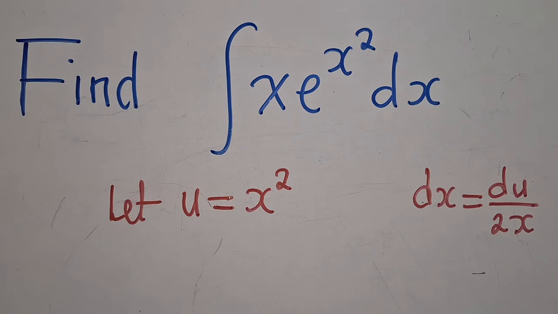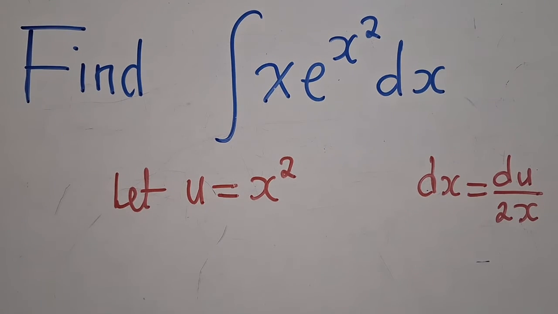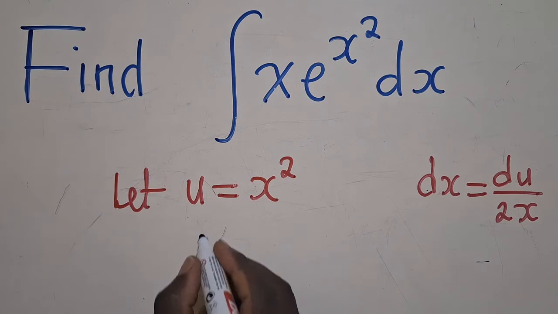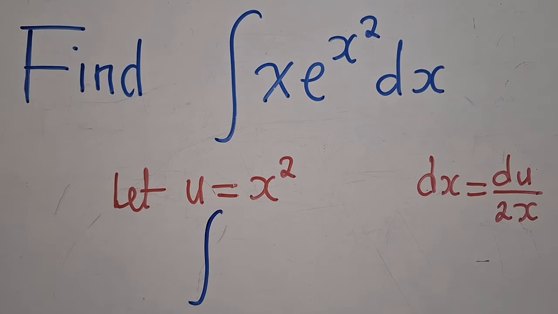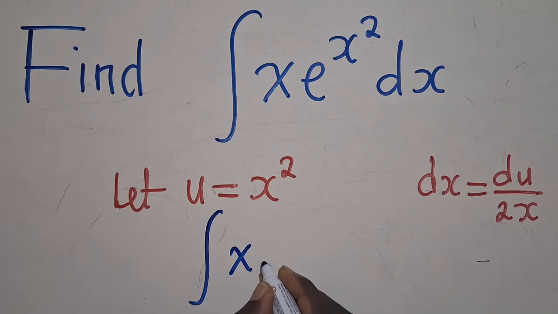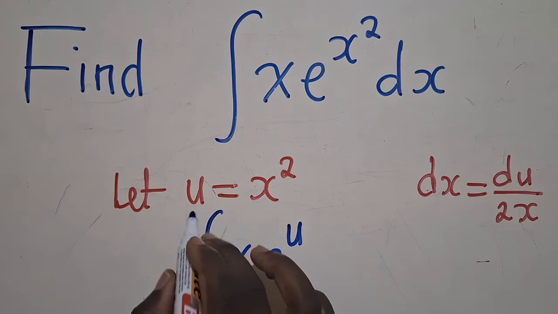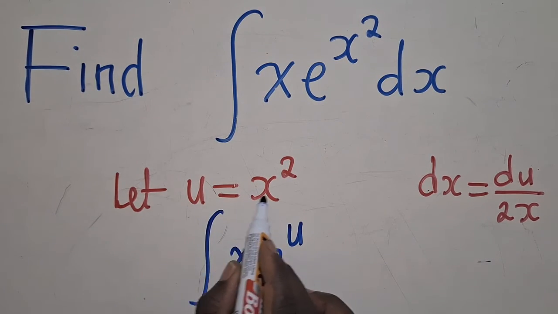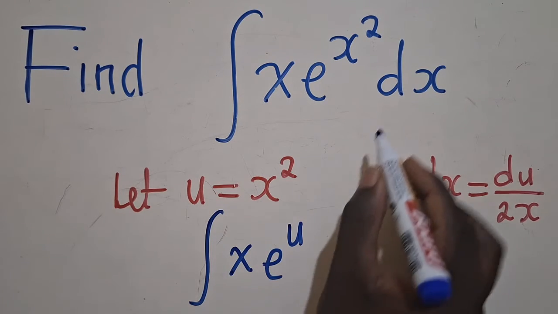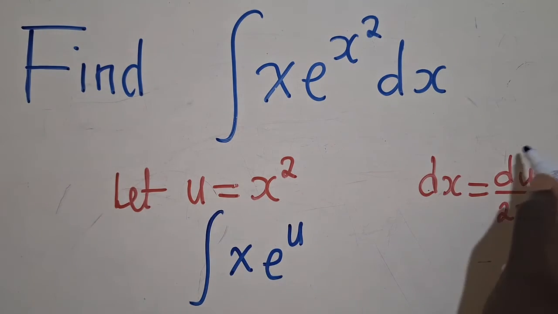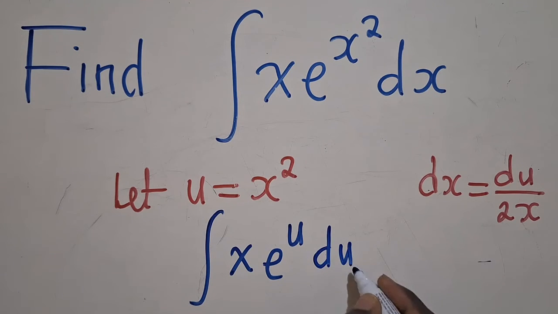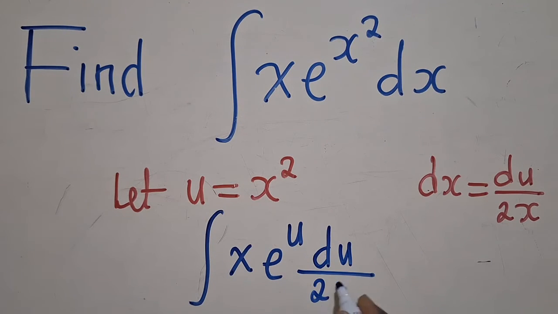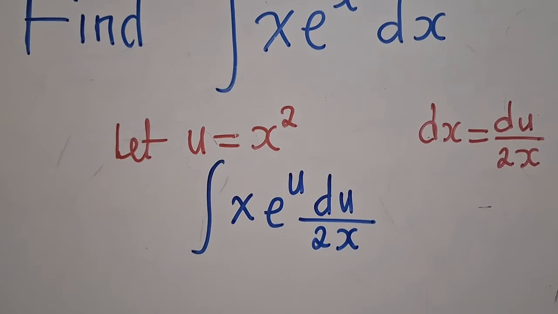So what are we supposed to put here? We shall maintain the integral sign. So we say integral of e power x power 2. Where there is x power 2, we are going to substitute u, because we let u be equal to x power 2. And where there is dx, we are going to put du over 2x, like that.